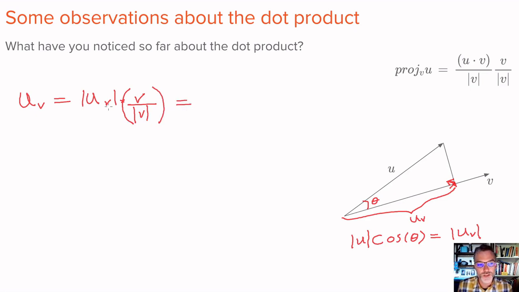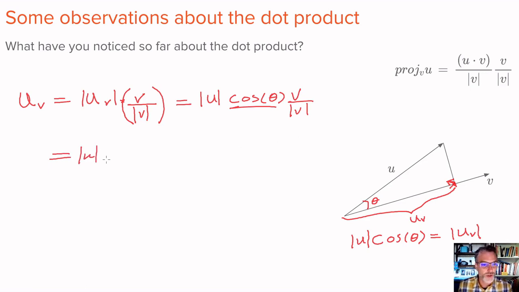I have an expression for the length of that u in the direction of v. It's just the length of u times the cosine of the angle between them, times this unit vector. But hold on, I've got a way of calculating this, which doesn't involve trigonometry at all.